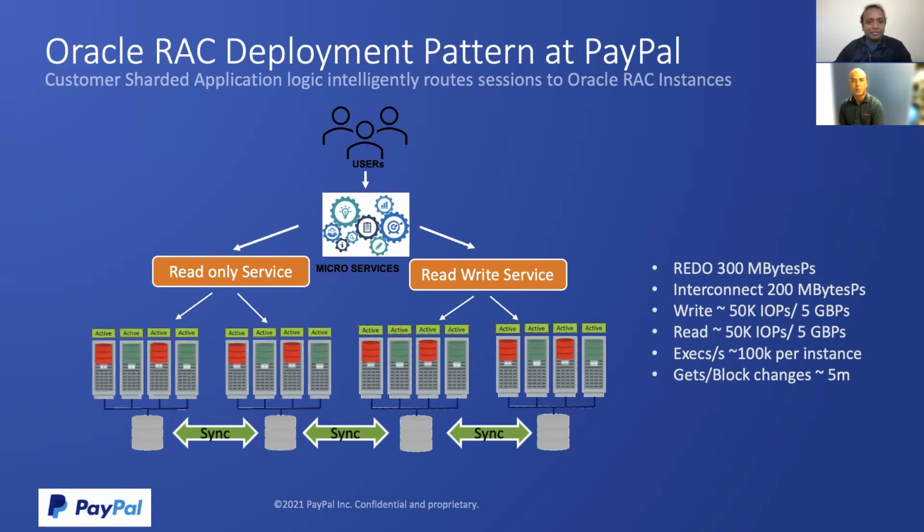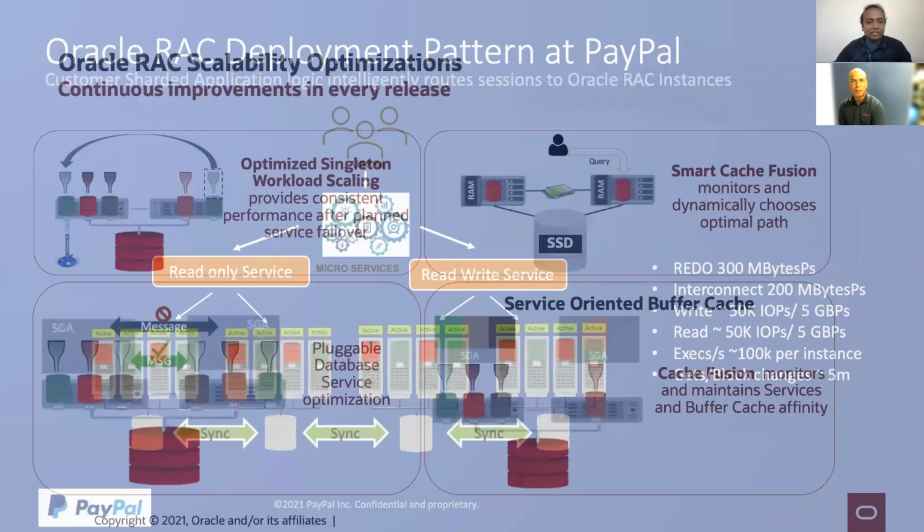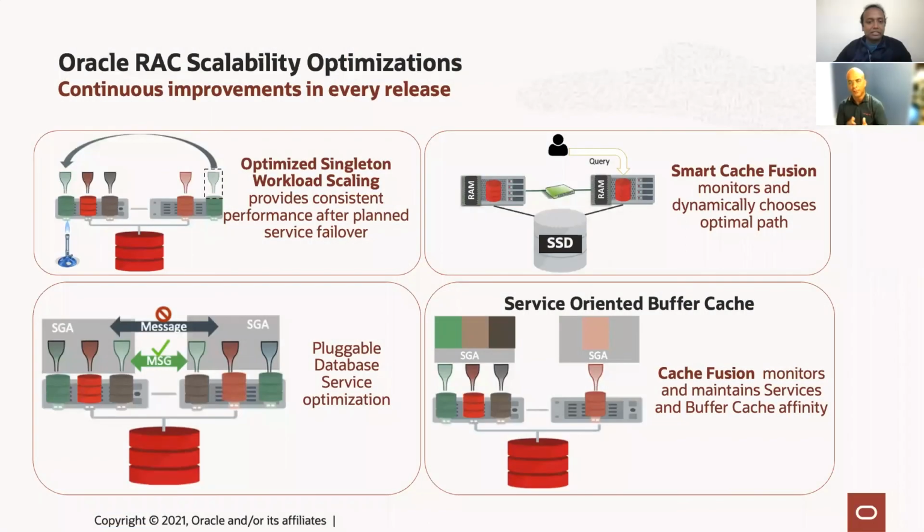Thank you so much, Pramod. Now that we talked about some of what we call optimization customizations that we have done, let's look at what we have done for generic RAC customers in the area of scalability. As with high availability options, we have continuously improved scalability options.